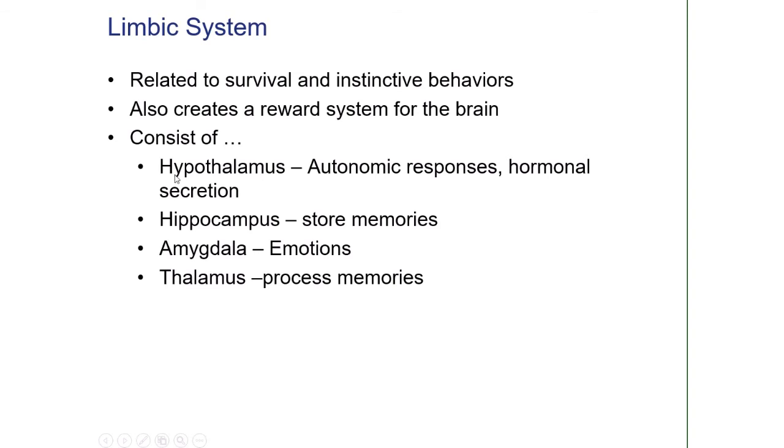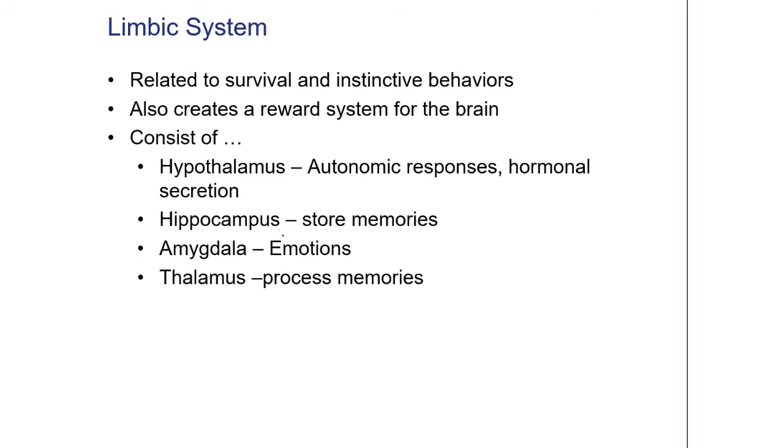So what is in the limbic system? Well, there are four parts here. We have the hypothalamus, the hippocampus, the amygdala, and the thalamus. Okay, so the hypothalamus is where hormones are used to influence the endocrine system, and these hormones might affect how memories are being processed, and by creating these memories, we can store them in the hippocampus.